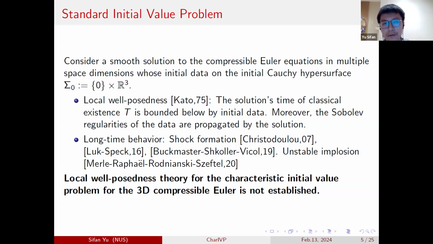Compared to shock formation, where the solution itself remains bounded while a certain directional or first derivative blows up, shock formation connects closely to the collision of the characteristics. All of these results are for the standard initial value problem. However, the local well-posedness theory for the characteristic initial value problem for 3D compressible Euler is not established.